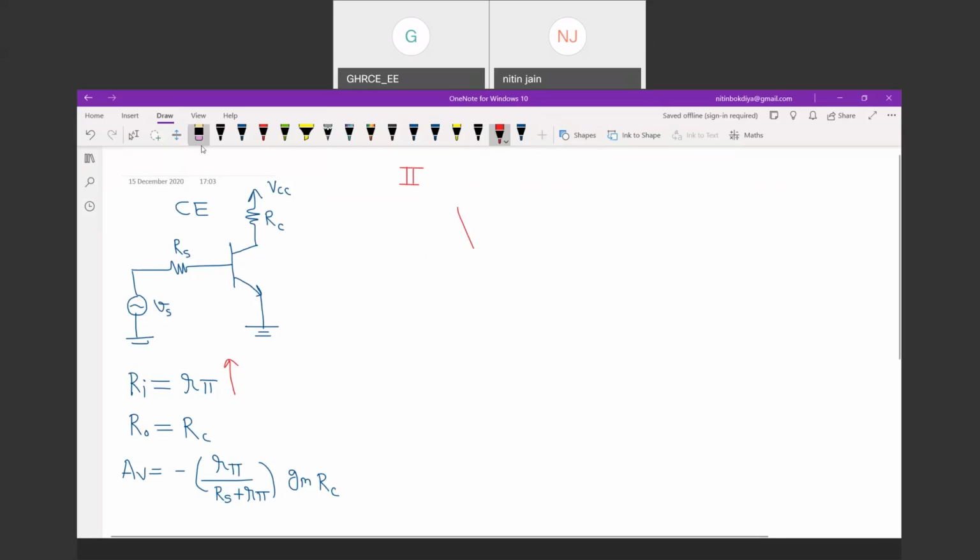So we are having one transistor based amplifier.